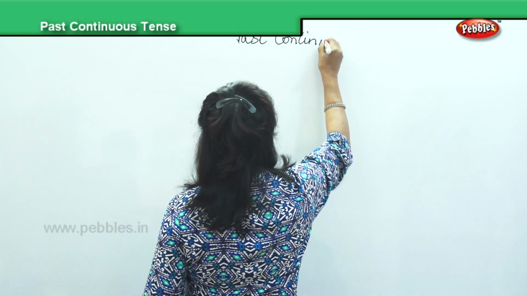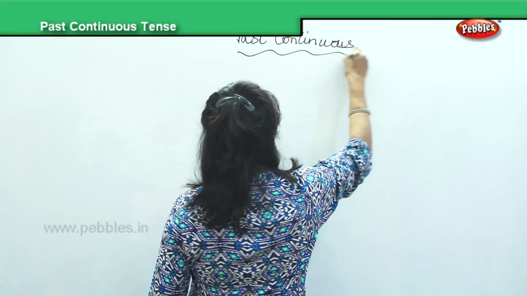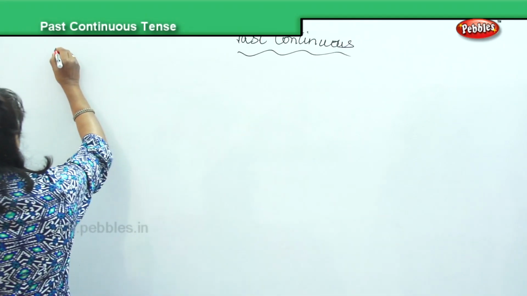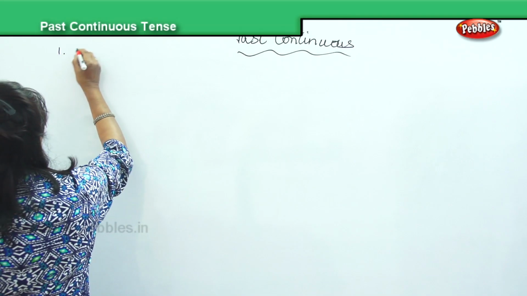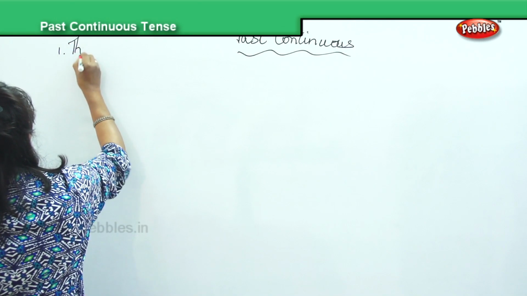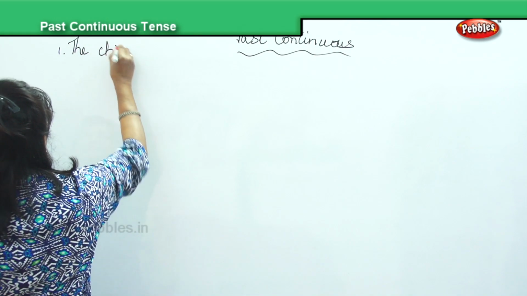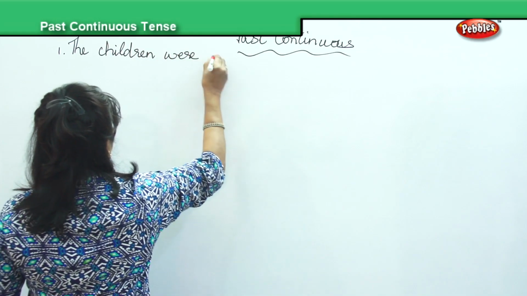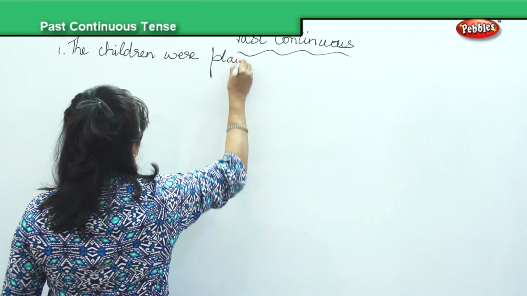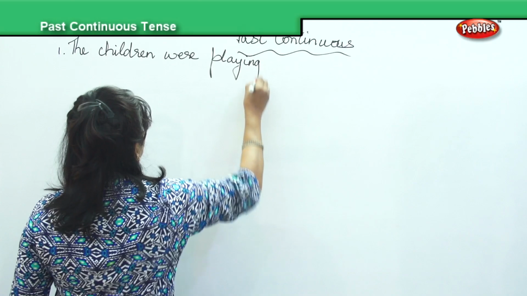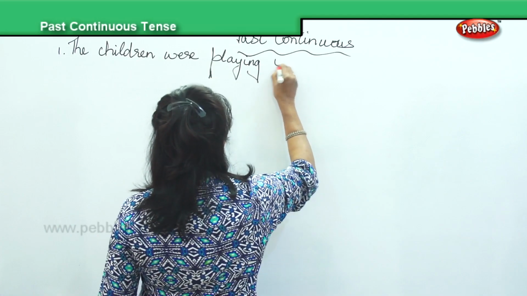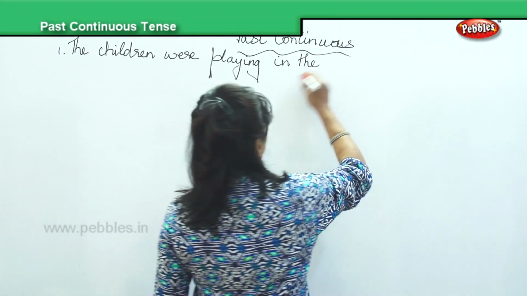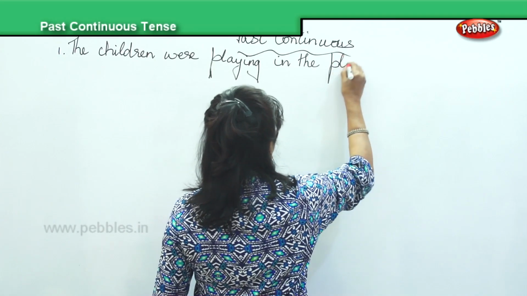Past continuous. It is also called a progressive. Okay, I'll give you some examples now. The children were playing in the field. Were playing in the games field, or they were playing in the playground.